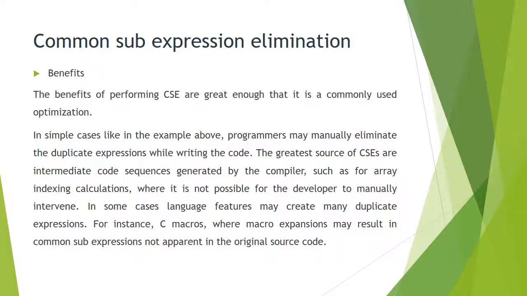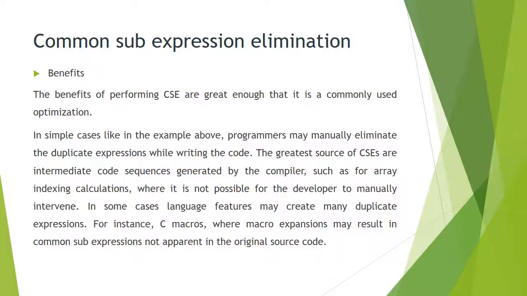So what are the benefits of using common subexpression elimination? The benefits of performing CSE are great enough that it is a commonly used optimization technique. In simple cases like in the example above, programmers may manually eliminate the duplicate expressions while writing the code.